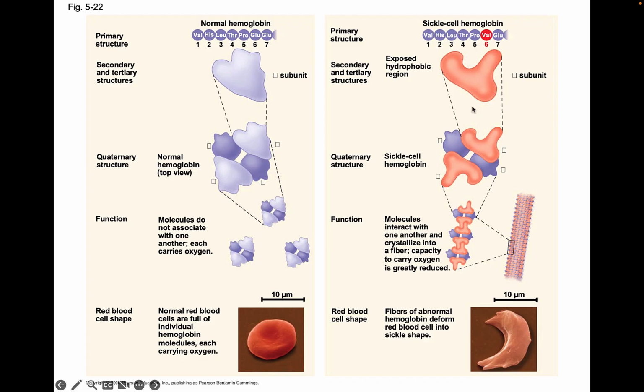So if you look here, protein number 6, it's glutamic acid substituted for valine. Here's the change in the secondary and tertiary structures of the molecules. You can see how this has this uneven shape. And so when they come together and form the quaternary structure, it results in this sickle cell shape rather than this normal biconcave shape of a normal red blood cell.